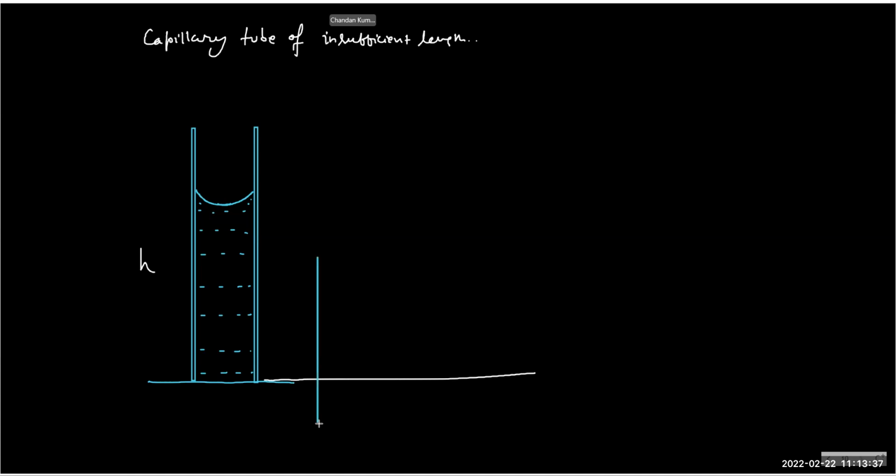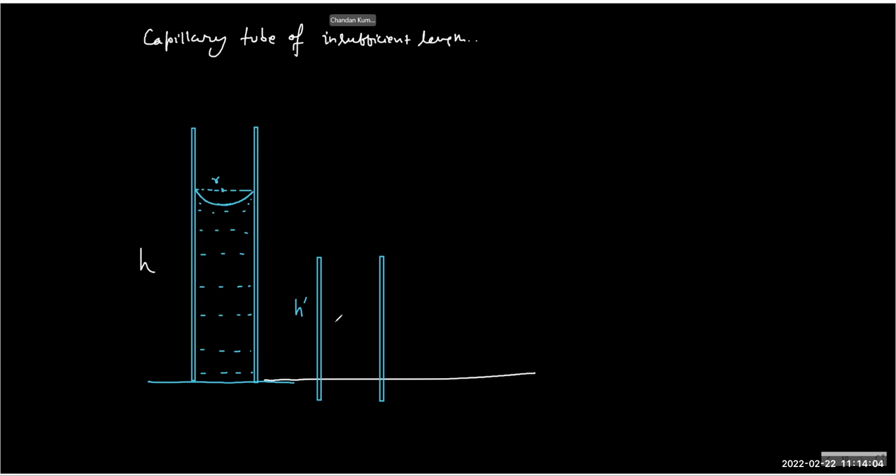If the tube is still this much only, no matter what you do, the ability of the liquid is to rise up to greater height, and what you are offering is much smaller than that. And the R is same. Here we have R. So what will happen in this case?